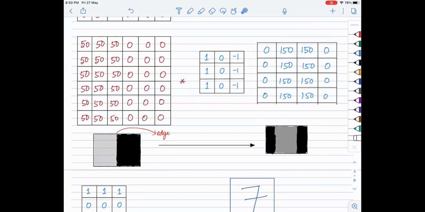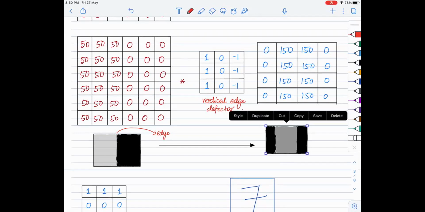This particular filter has detected a vertical edge, and in fact, this filter is called a vertical edge detector. That's the reason why we chose this filter.